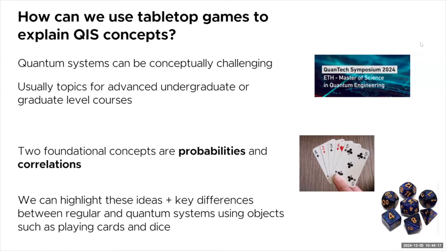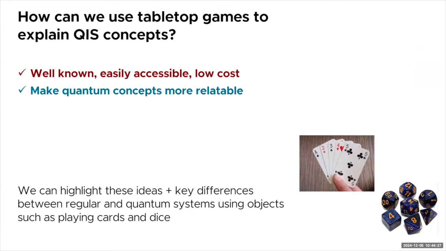And if we highlight these ideas using regular objects like playing cards and dice, then we can introduce them to these ideas in a way that is more relatable for them. These objects are well known, easily accessible, and usually cheap. And the main thing is I want them to think that these ideas are not too hard, that they can be relatable.